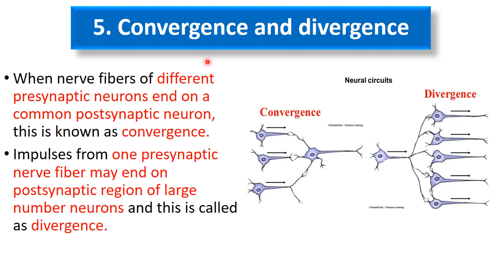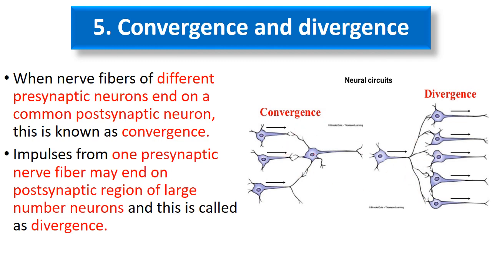Now let's discuss another property of synaptic transmission, which is convergence and divergence. In the first diagram, convergence is shown, in which multiple presynaptic neurons end on a common postsynaptic neuron.